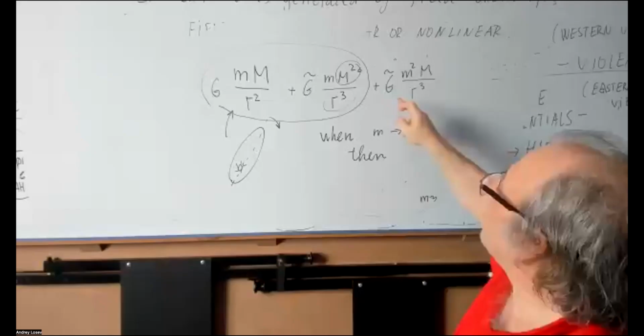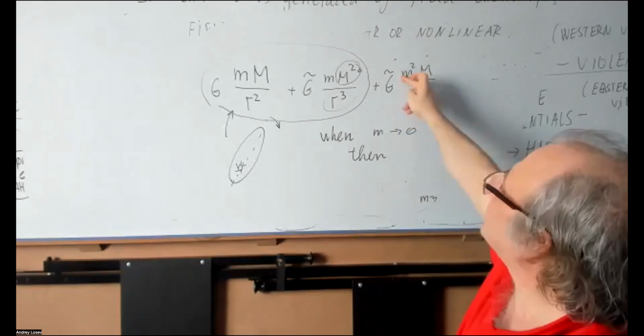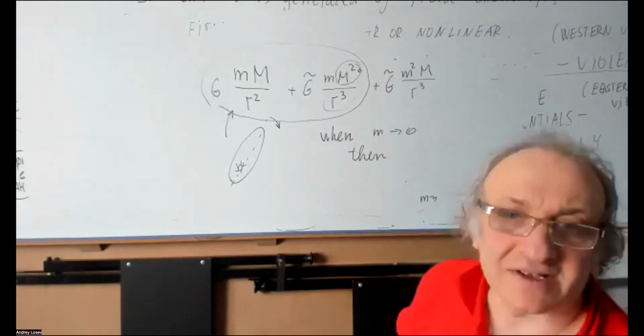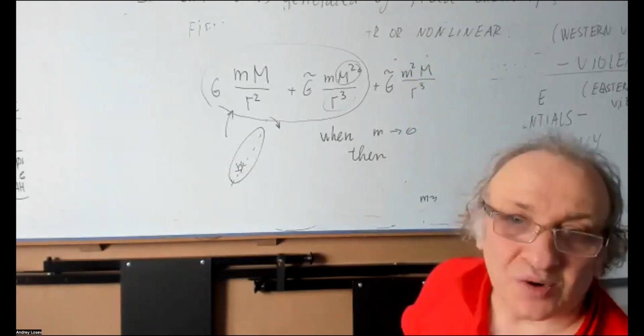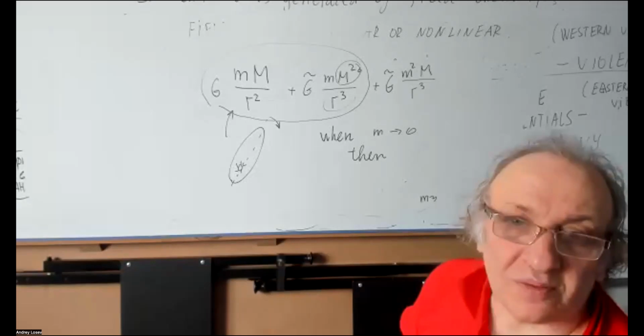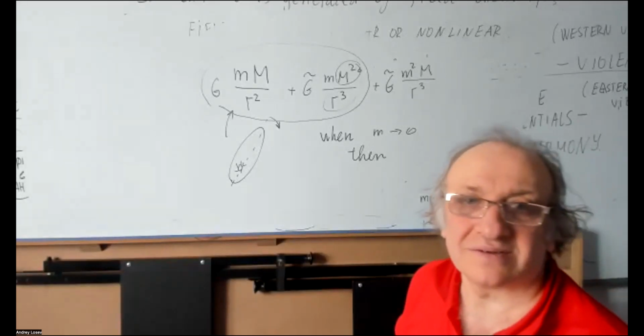But sorry for repeating: how does the third term appear from the Einsteinian theory of relativity, which is a theory of gravity? Since it has the small m squared term, it takes into account the gravitational field produced by the small mass. Okay. Because the small mass is also a mass.